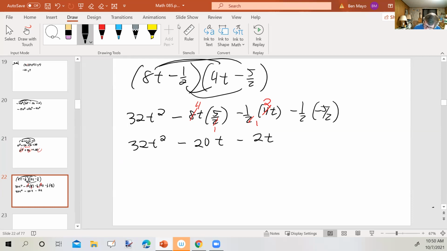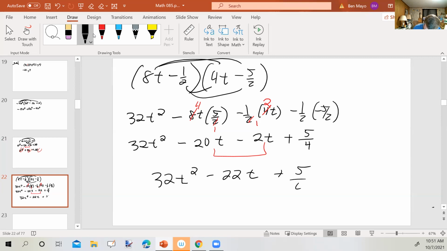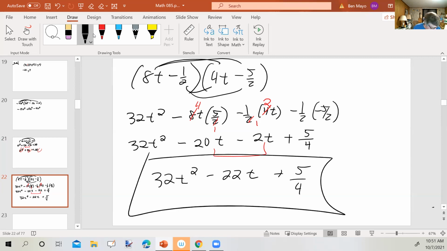Recall that when you're multiplying fractions, you multiply straight across. Negative times negative is positive, 5/4. Again, any questions there? All right, combining like terms, we get 32t squared minus 22t plus 5/4. All right.